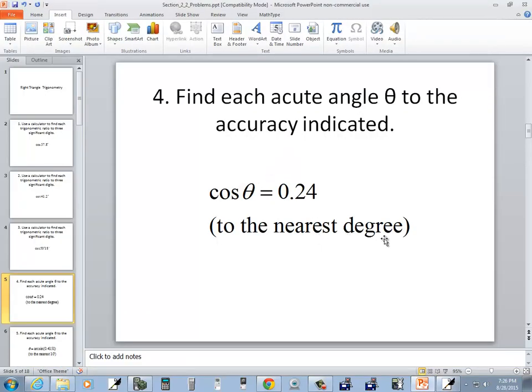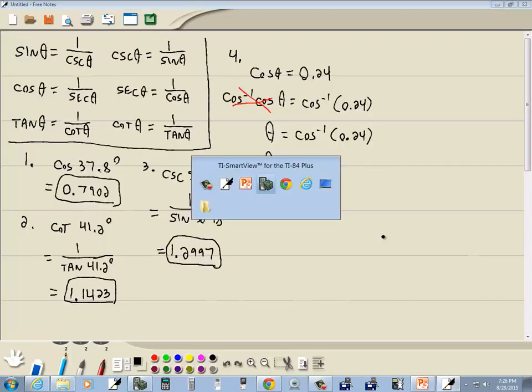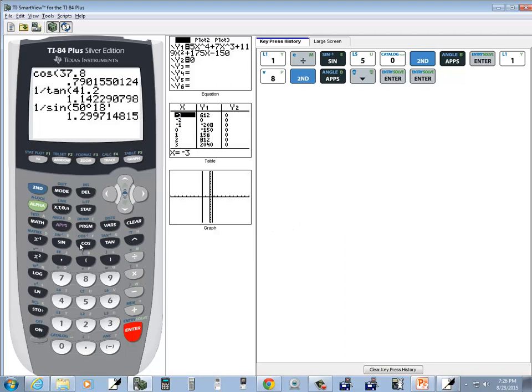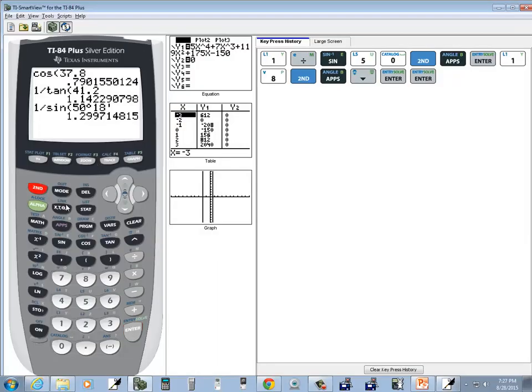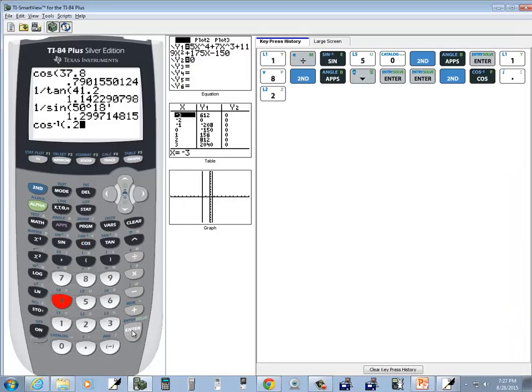Specifically, they want to the nearest degree. So we want to be in degree mode, which we are. So I'm going to come over here. You'll notice that above the cosine looks like cosine to the -1. That's our inverse cosine. So to do inverse cosine, I'm going to do my second button and then cosine and then 0.24. And then I'll press enter.